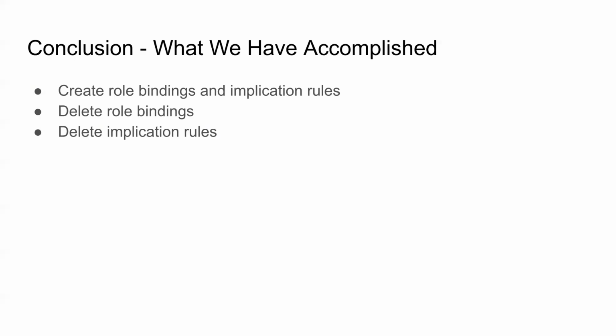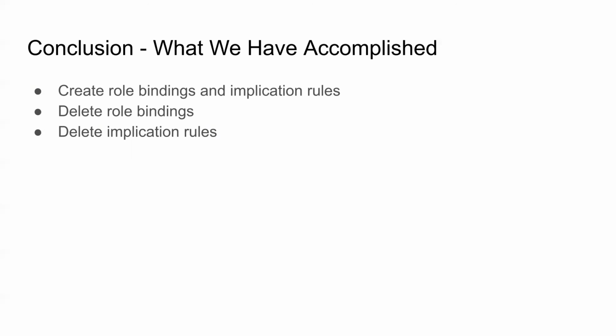Thanks, Anand. And here are the conclusions of our project. We were able to accomplish most of our designs according to our design documentation. As Anand showed in the demo, we were able to create role bindings and implication rules. And when we create or update implication rules, our role bindings will be automatically updated as well.